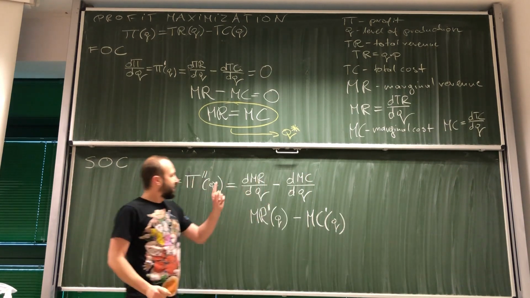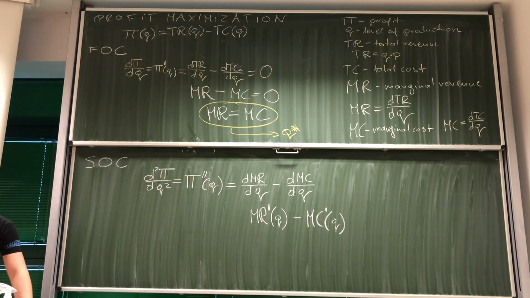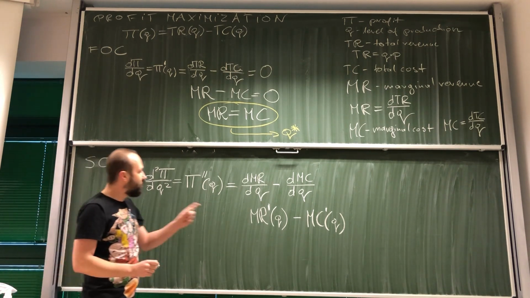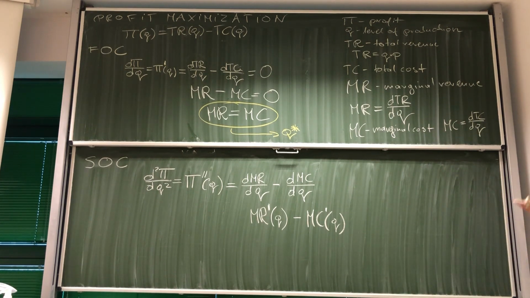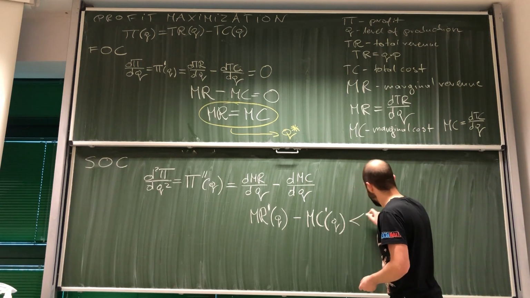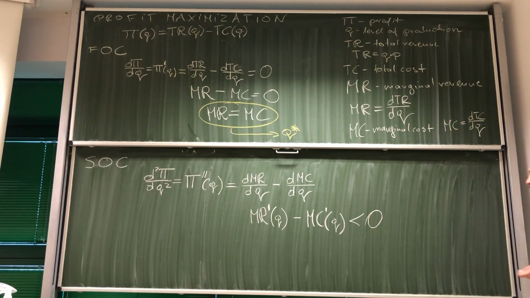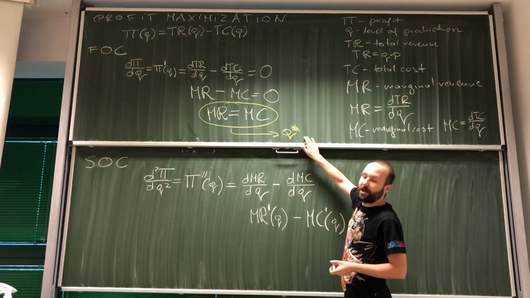And here we want two things. First, this is going to be a maximum if and only if the second derivative is lower than 0. But, as I said, here we can get more than one q.